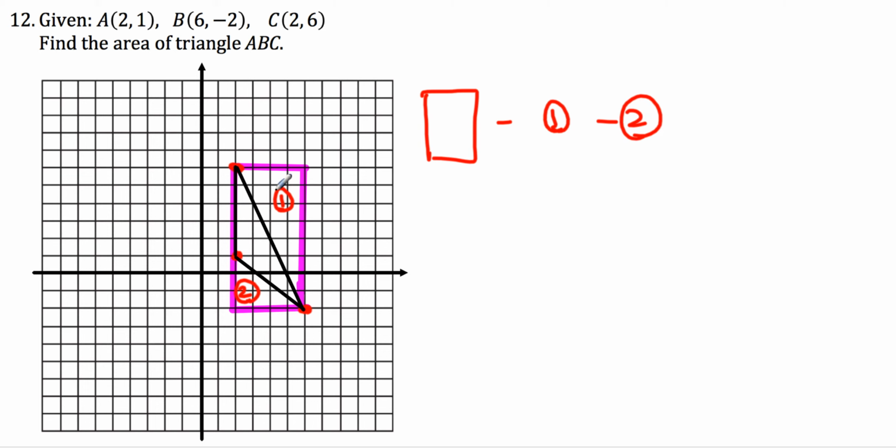Let's look at it. Box basically means 4 by. 4 is the base. Height is what? 6, 8. Minus first one is what? 4 by 8. But we gotta have 1/2 in front of it. And then the last one, number 2 here, 4 by 1, 2, 3.